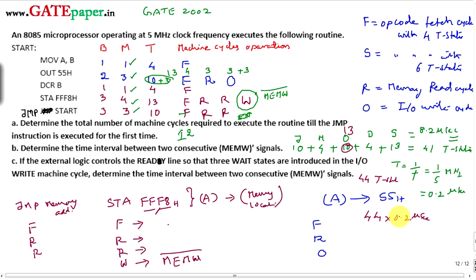Each cycle is of 0.2 microseconds duration because the microprocessor is operating at 5 MHz. So 44 into 0.2 is 8.8 microseconds. So the time required between two memory write signals is 8.2 microseconds, and if 3 wait states are introduced, it is 8.8 microseconds. Thank you.